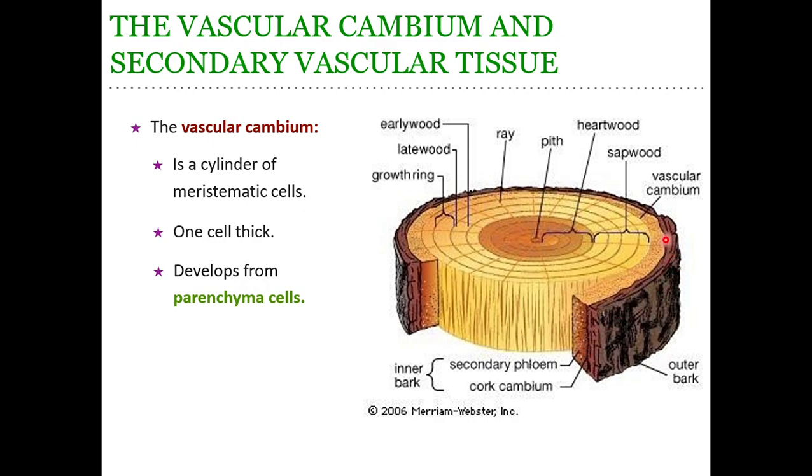And then we can see here the vascular cambium, the sapwood and the heartwood, and in the middle we can see the pith. And then the lines here show the ray of the growth, and the circular structure we can see the growth ring.